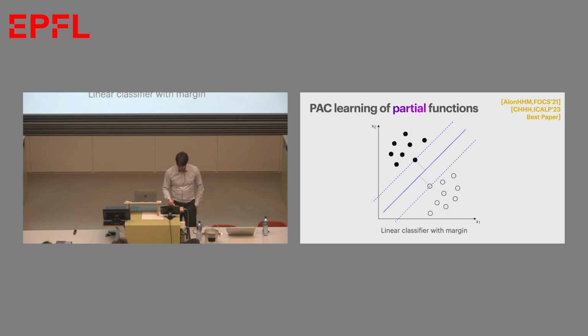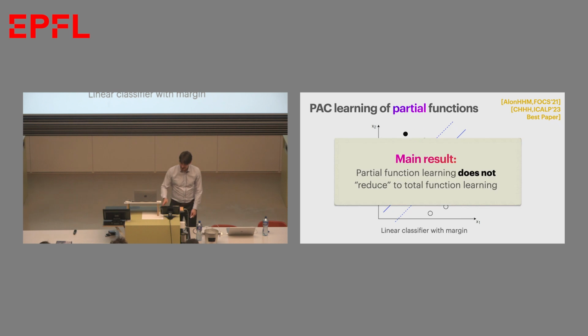Formally, I would be looking at a function that evaluates to 0 here, and 1 here. In this forbidden band, it's undefined, or there's a star value. To learn a function like this, I'm guaranteed to only be given these Boolean samples, not anything from the stars. So they wanted to develop a general theory of learning for such partial functions, and one of their main results is that the theory they developed is novel.